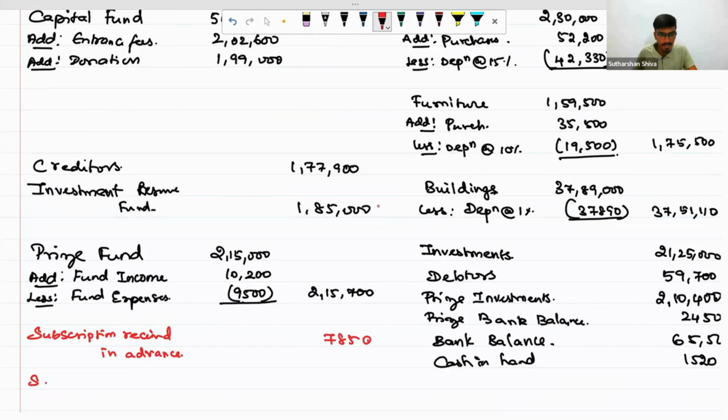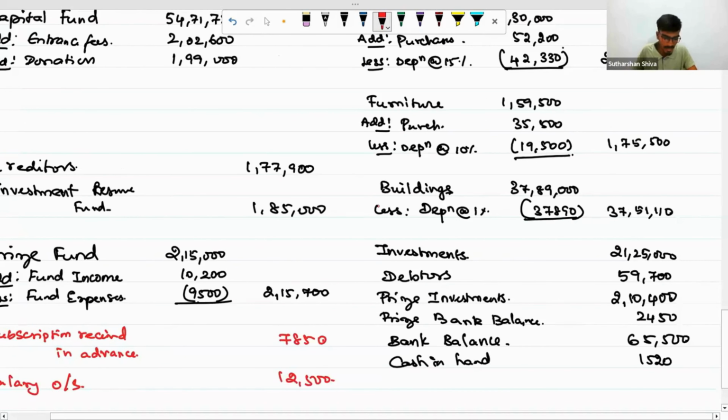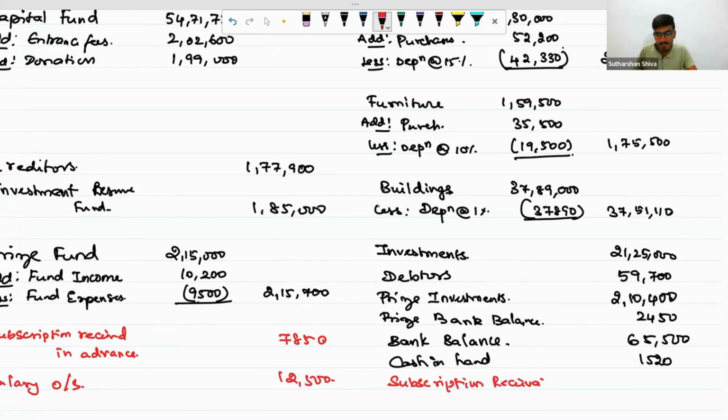Then salary outstanding is 12,500. Here I will write subscription receivable, that means subscription outstanding. It will be 22,500.